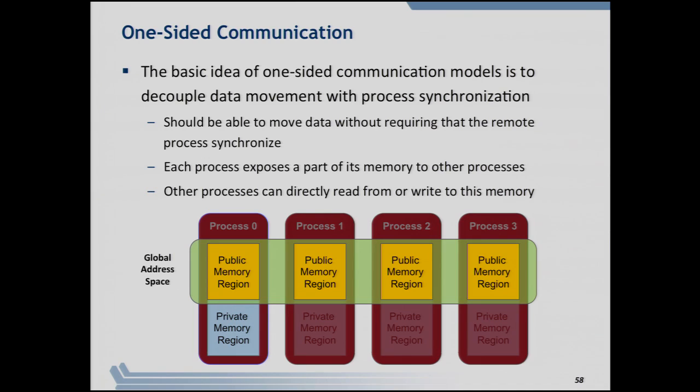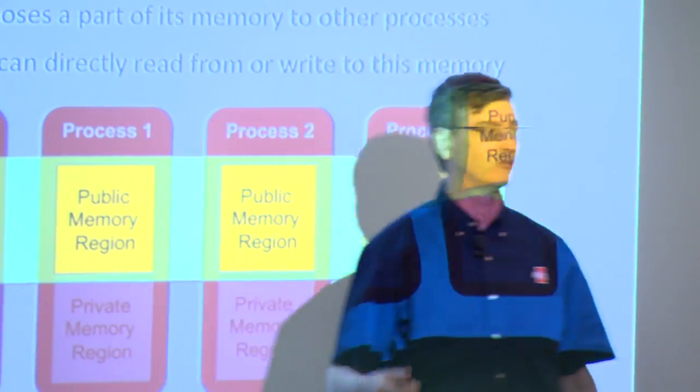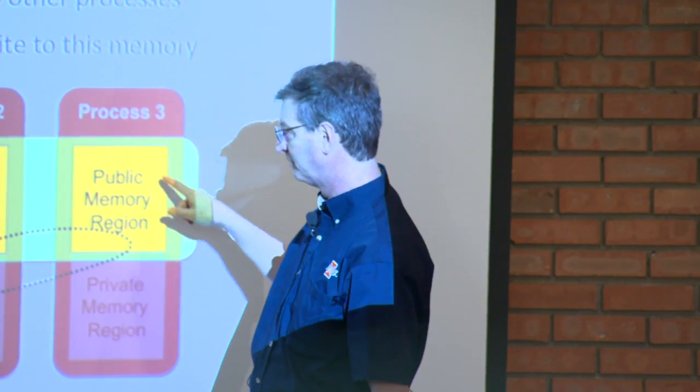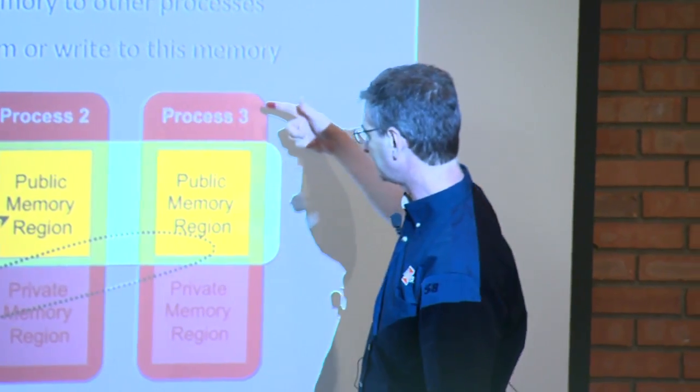So in MPI terms, what we do is we specify for a collection of processes the memory that's accessible to that collection of processes. So any of the processes here can access any of these bits of memory. For example, this process can take data from its public memory, but it can also take it from its private memory and put it into process 2's public memory. It can make a request to get data out of, in this case, process 1 or process 3.